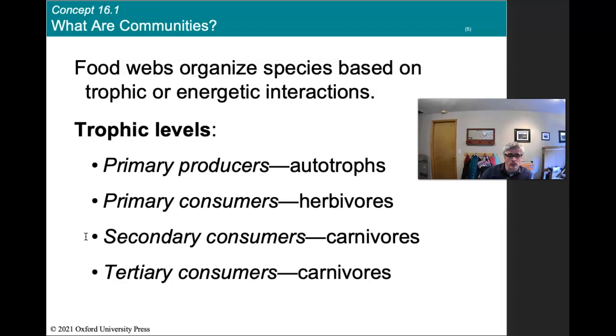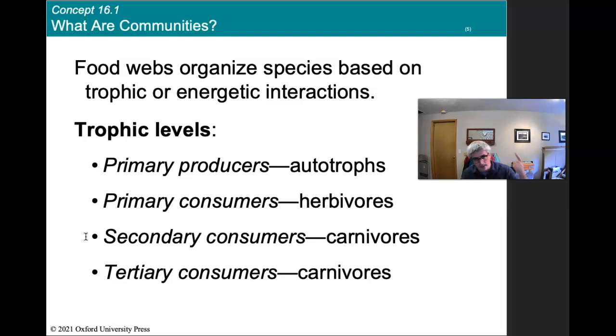In the marine realm, we can start to get to fourth or even fifth level consumers. Again, a great white shark that's eating a stellar sea lion that's eating a salmon, that's eating a fish that's eating zooplankton. The zooplankton are eating phytoplankton.